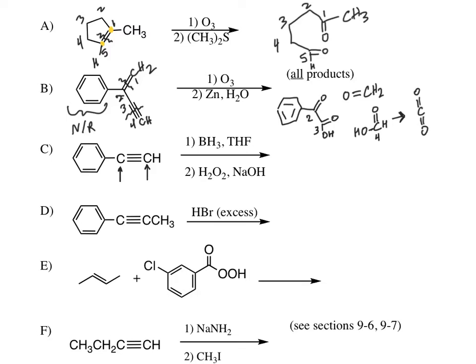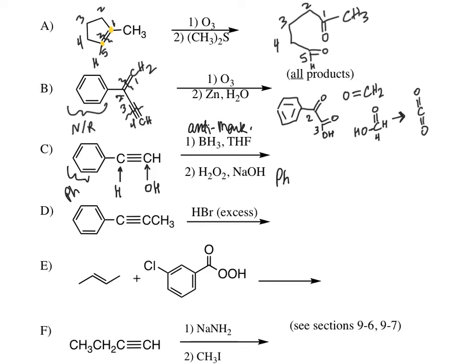So it'll hydrate the pi bond, and it's going to do so in anti-Markovnikov regiochemistry. So the hydrogen is going to go to the more substituted carbon, and the OH is going to go to the less substituted carbon. And let's just abbreviate this group as Ph for phenyl, so my drawing can be a little easier to draw.